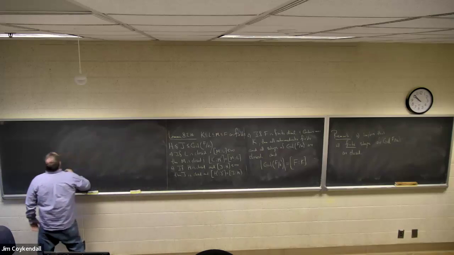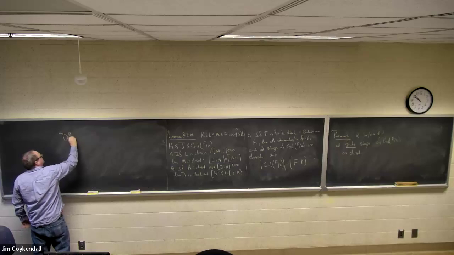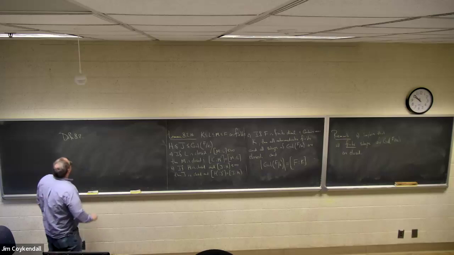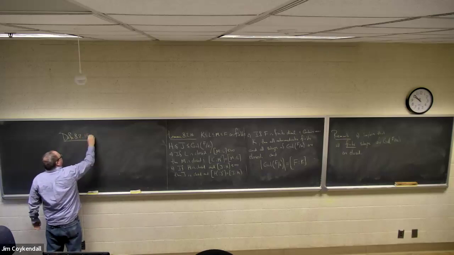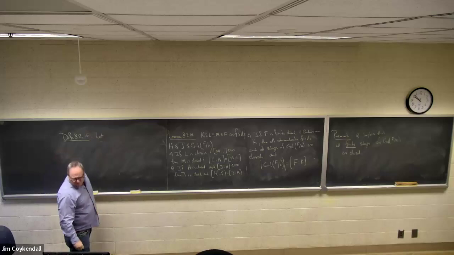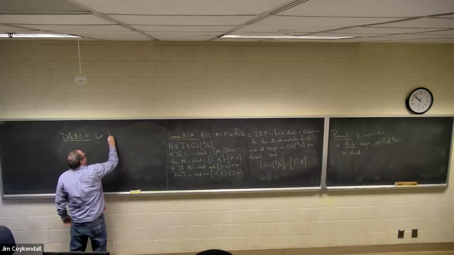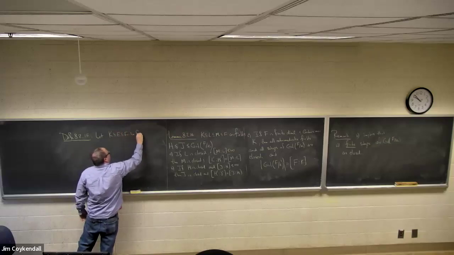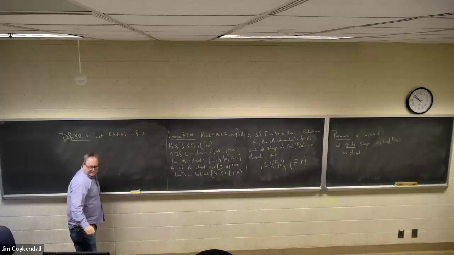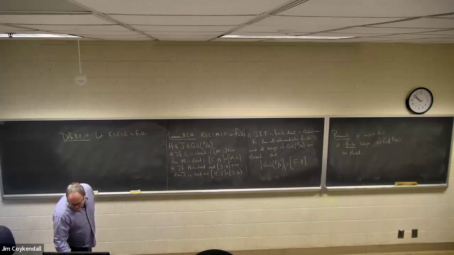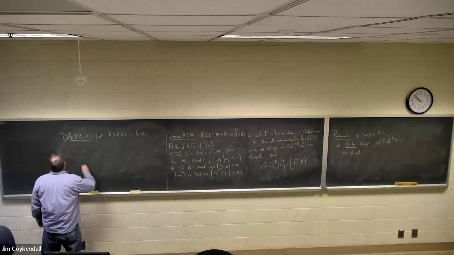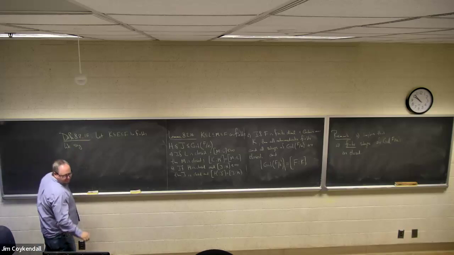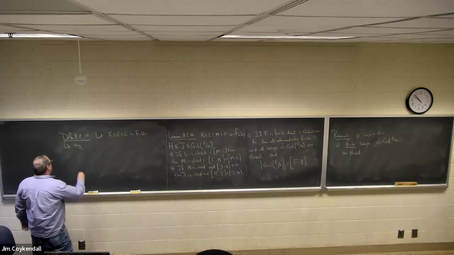Definition. Let K, E, and F be fields. We say that E is stable.